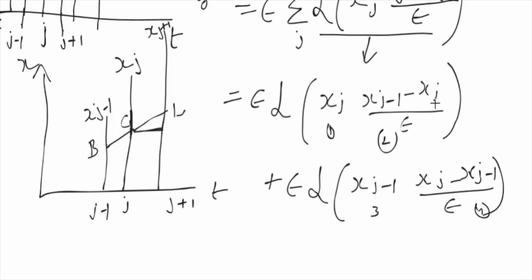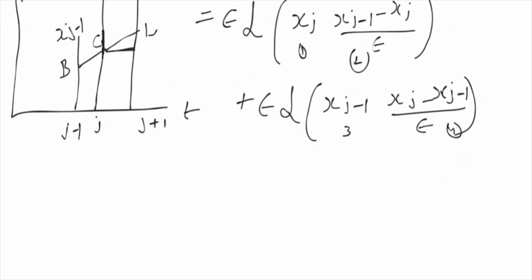This is only velocity Vj. So how can you differentiate this term with respect to xj?